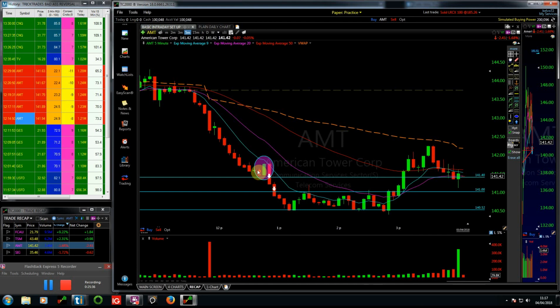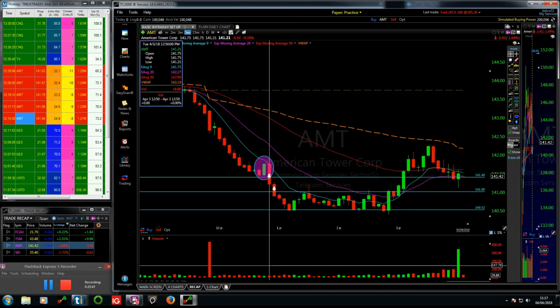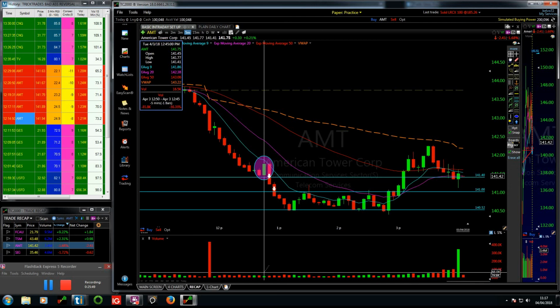The candles do tell a big story, the volume tells a big story. If we were getting a big reversal here, I would have expected this volume bar here to be bigger. I would have expected it to be maybe up here, because without volume we're not going to get a big reversal.